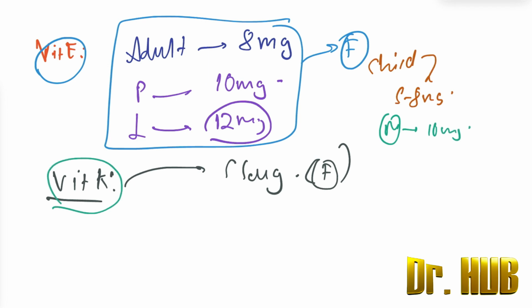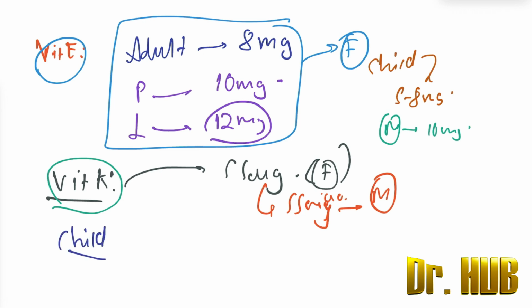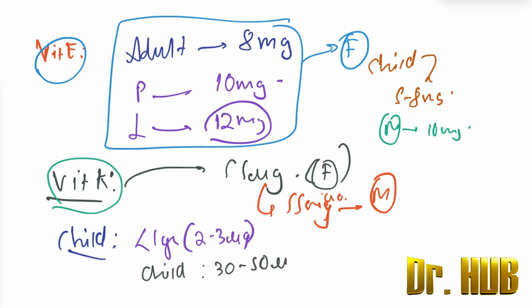Now moving on to vitamin K, it is 55 microgram for females and also 55 micrograms for males. Looking at children, less than 1 year it will be 2 to 3 microgram, and in case of older children it will be 30 to 50 microgram.